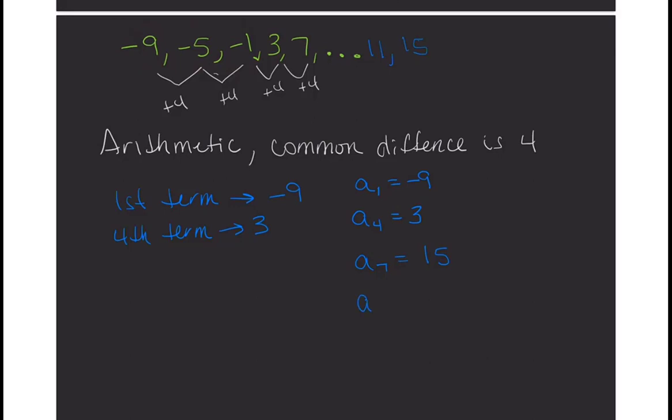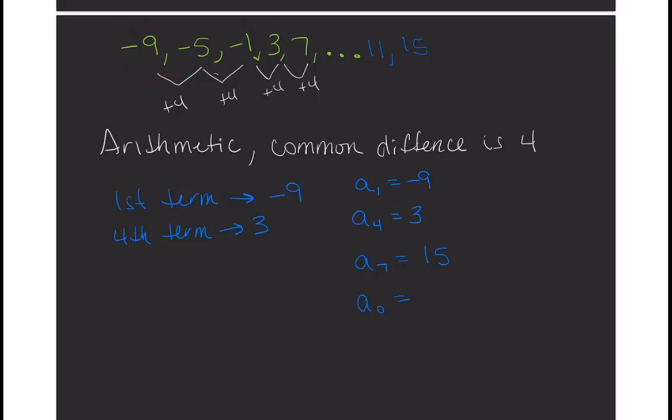Could we figure out our A0 term? How would we figure out A sub 0, or the 0 term? What number is this guy? Negative 13?